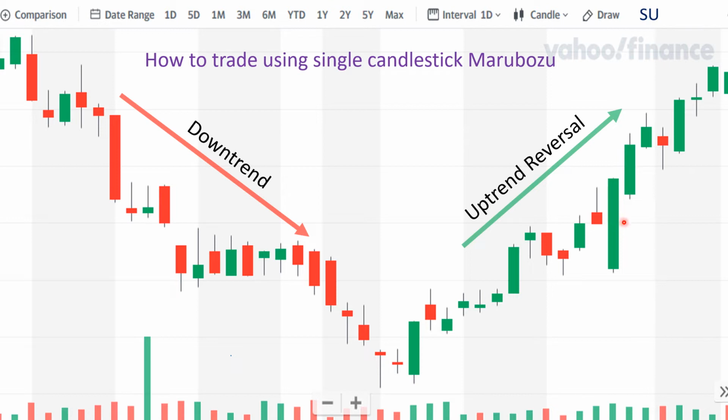This is again a close type Marubozu as a sign of continuation. So the trend is basically going strongly upward. So you see this bullish or bearish type Marubozu, traders can use to enter or exit the trade and make a successful trade.